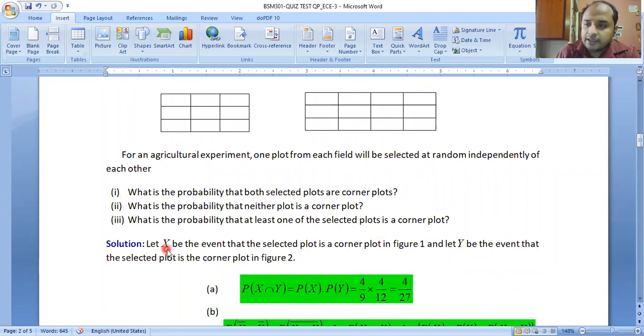We have already defined the events, capital X and capital Y. Question number 2 asks for neither plot to be corner plot.